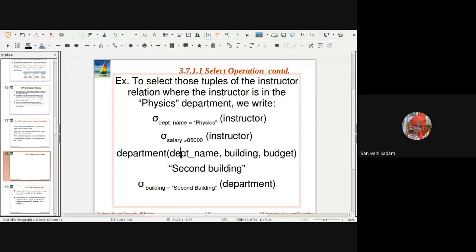So here I was talking about the second building. I will take a relation from the department only. Wait for a minute.